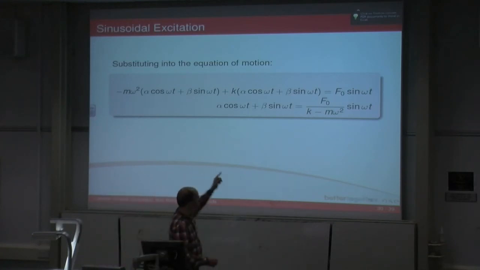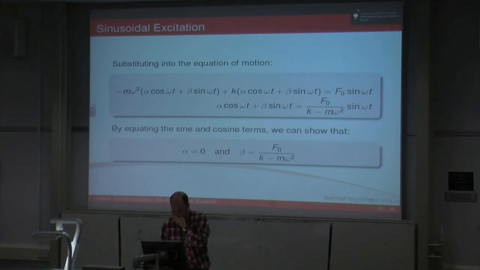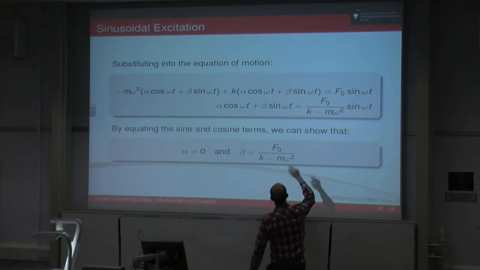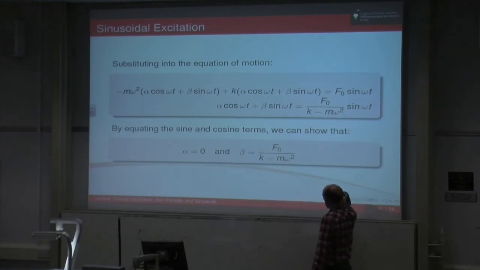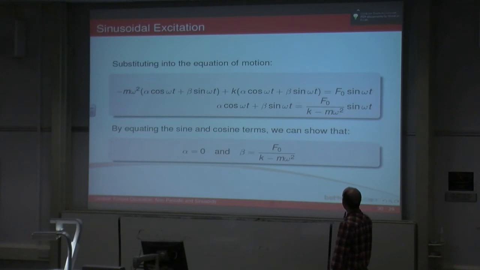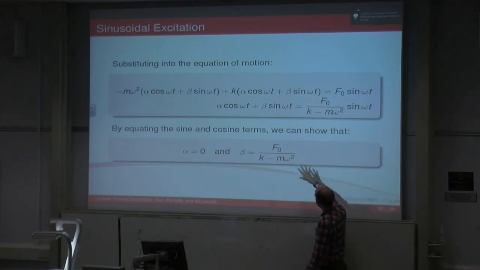But here we've got to find alpha and beta. And it's quite clear, if you group the sine terms together and the cosine terms together, you end up with beta becoming F naught divided by k minus m omega squared. There's no cosine term on the right-hand side, so obviously alpha must be 0, but there is the sine term, so beta must equal that term.